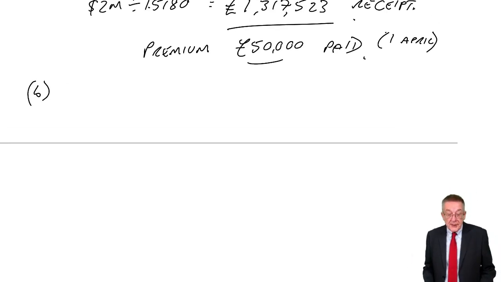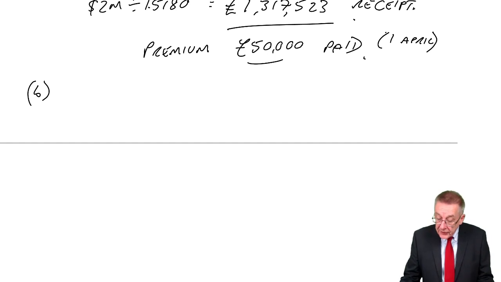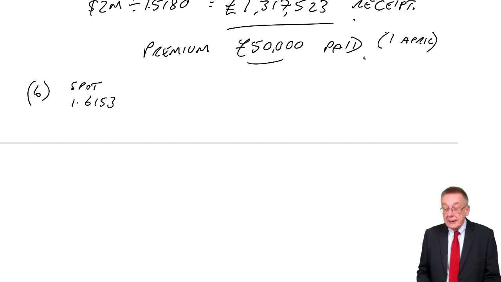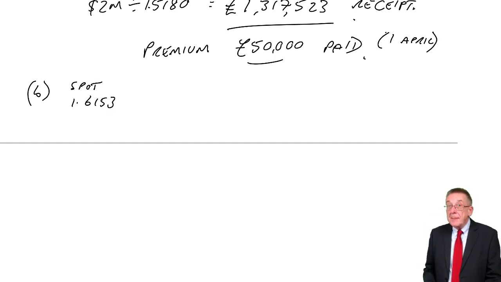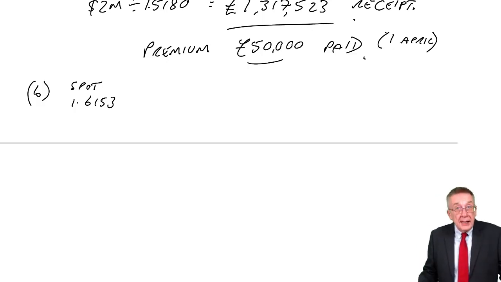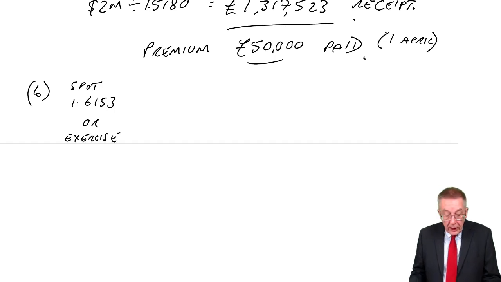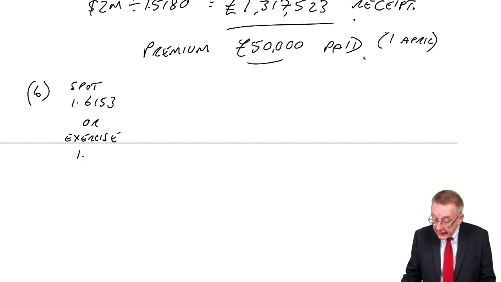It's probably already obvious, but this time, show the outcome on 30th of June if the spot rate turns out to be 1.6153. And remember, our choice, we can always either convert at spot or use the option. The option was to convert at 1.52.